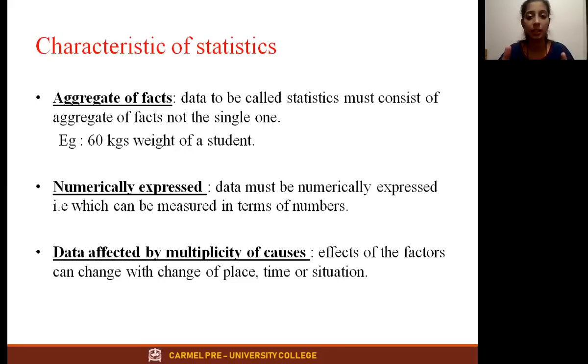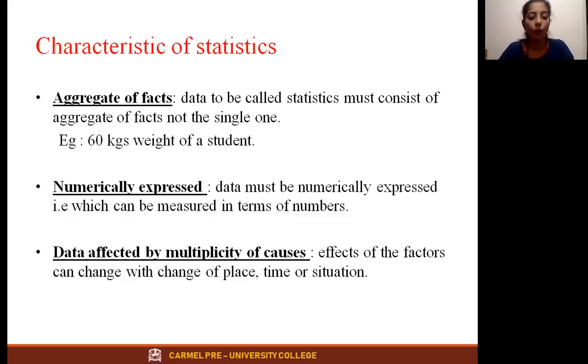Another factor is the effect of that particular unemployment on market, inflation, how the economic state is. So correct, due to the unemployment, economy is crashing, the price of all the commodities are rising. So that is why the effect of one factor can change with the change of place, time, or situation.